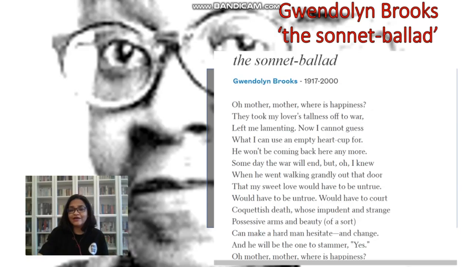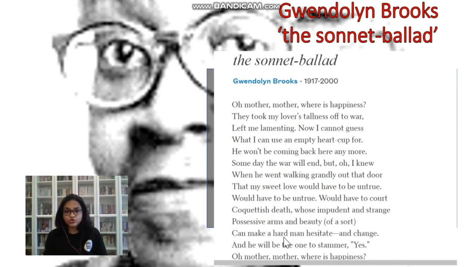So she is declaring that the mistress death has strange power with possessive arms and possessive beauty. She has strange power over men, that even the strongest of men would have to quote, whose impudent and strange possessive arms and beauty of a sort can make a hard man hesitate, a hard man like her lover, the lover who is faithful and true to her. Even a man like that is going to hesitate and become untrue.